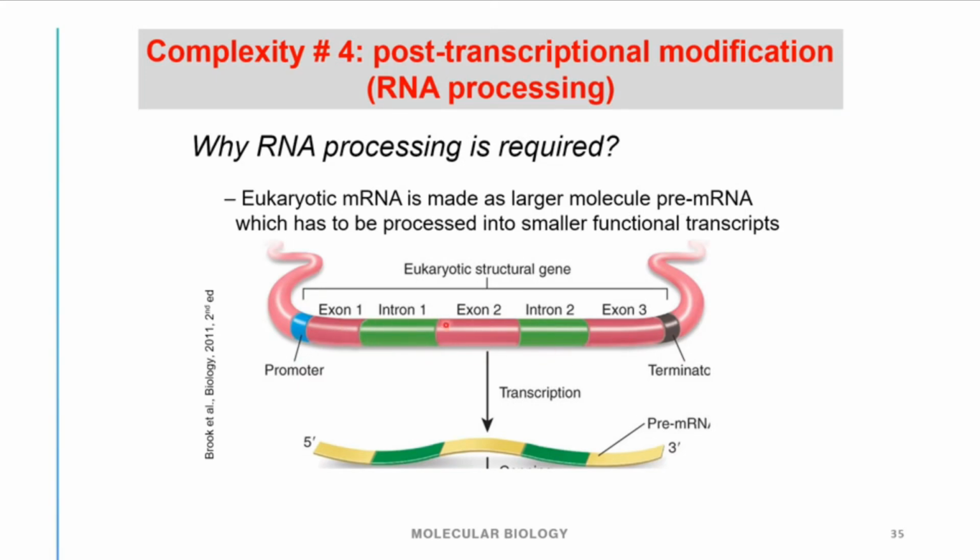Exons are the parts that will eventually be present inside the actual mRNA that gets translated, and introns are parts of the structural gene and the pre-mRNA that will be removed before the RNA is used for translation. So you can think of a eukaryotic structural gene as being sort of discontinuous. They are divided into multiple parts.